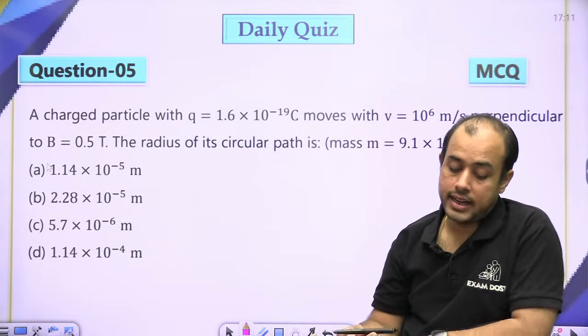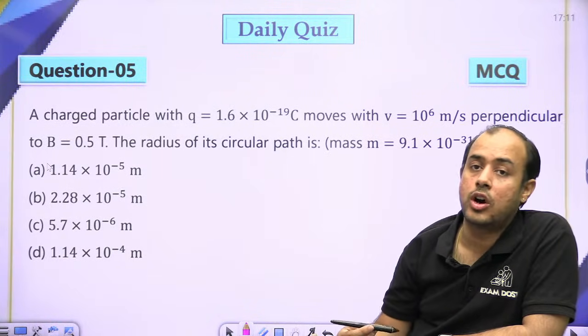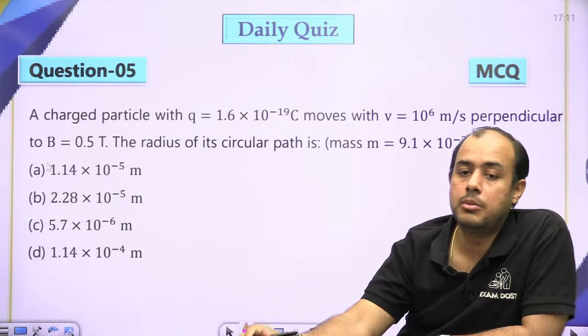Next. A charged particle with charge and velocity B is given. What is the radius of the circular path? Come on.